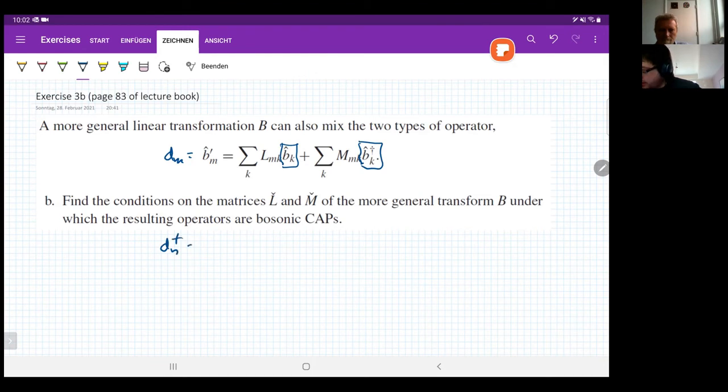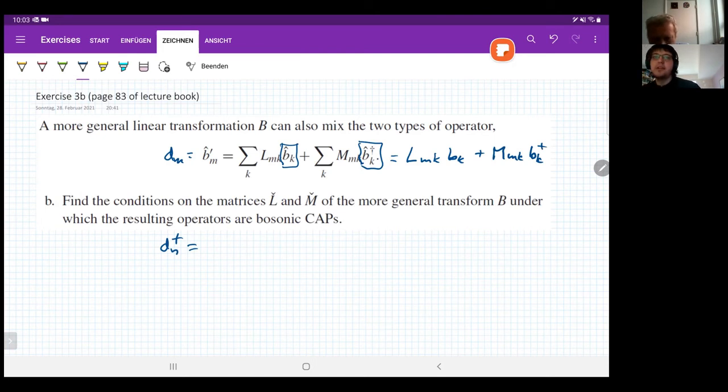Now let me also write the complex conjugate. What I will do in the following to save time and space, I will drop the sums and use the Einstein notation where I sum over indices which are neighboring here. I will not write them on the top due to stylistic reasons.